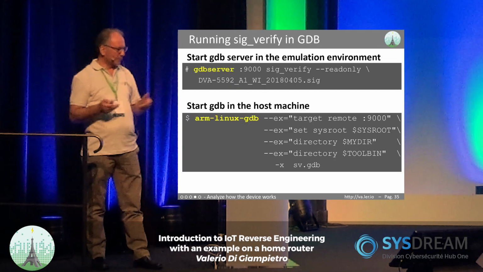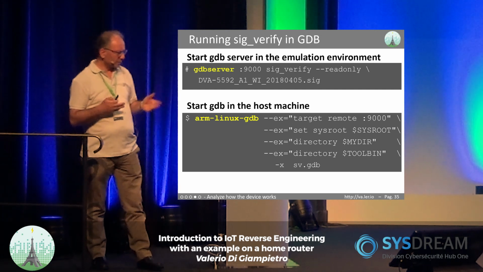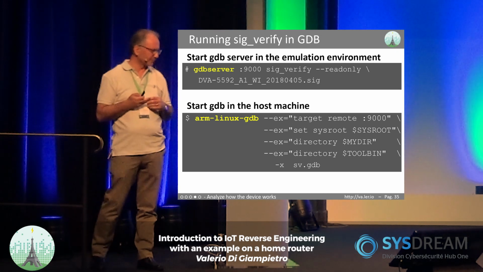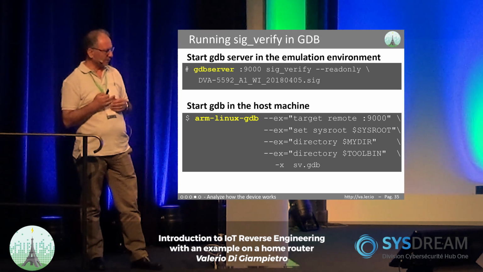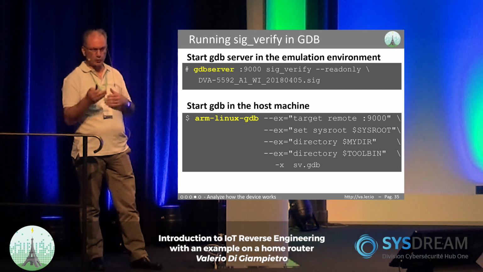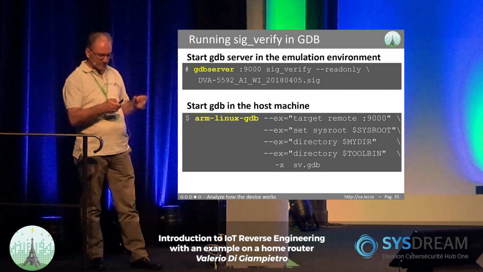We can run sig_verify using the GNU debugger, with gdbserver in the emulated environment and the cross-toolchain GDB in the host system. These two will talk together, and on the host system, GDB will do the hard work of showing breakpoints, variable contents, source code, and so on.